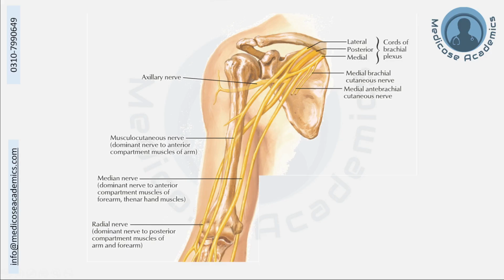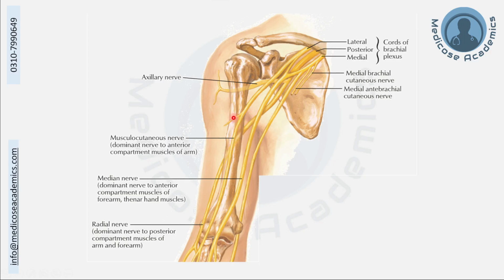Here is the clinical aspect I wanted to discuss. The humerus is related to three, or rather four, major nerves, three of them very intimately. Near the surgical neck of the humerus, the axillary nerve crosses just posterior to it.